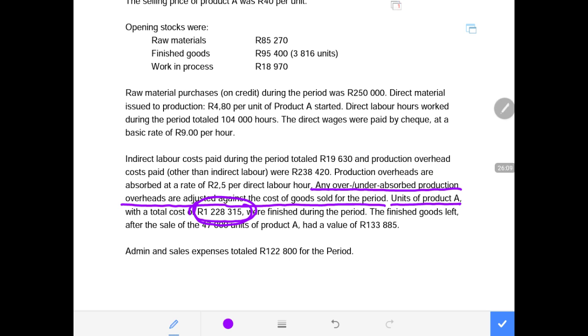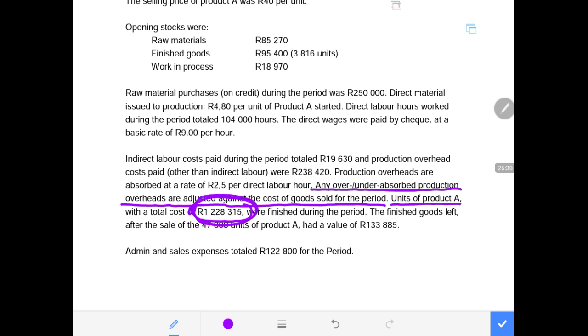1,288,315. Let us check if that is what was finished. So now it is 1,288,315. So now this is the value of the goods that were finished.